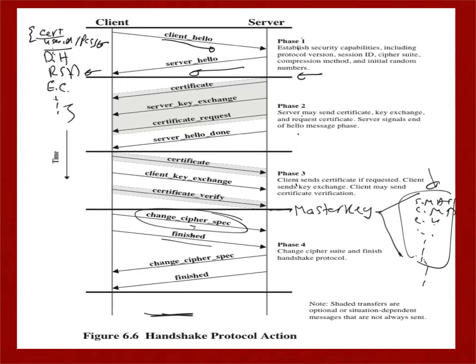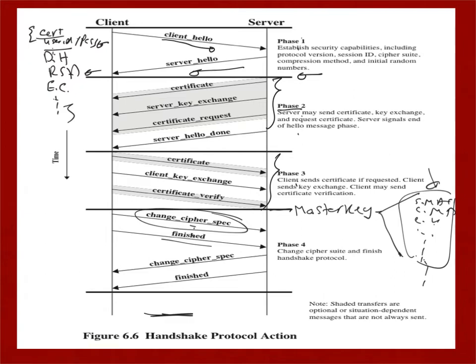So here, each one knows which method will be used for authentication and which method will be used for key exchange. So this is the authentication and this is the key exchange basically.